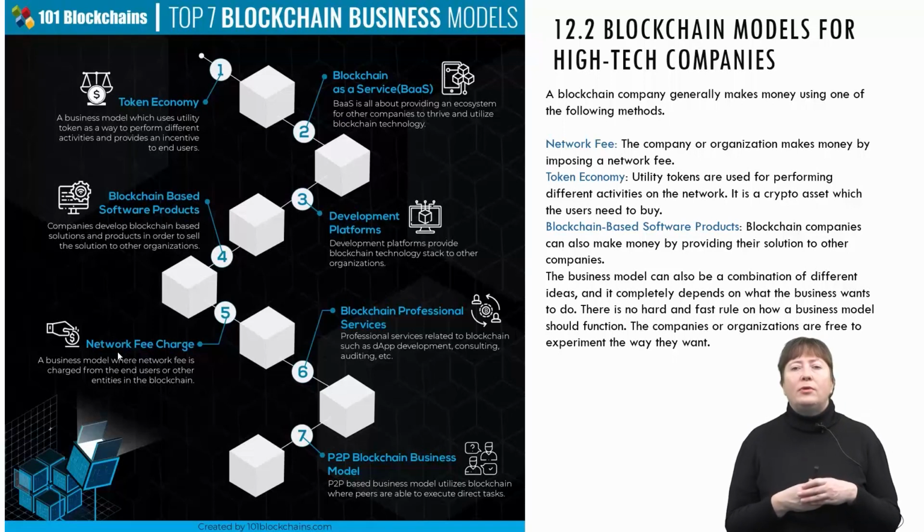It has become very popular among high-tech companies. Token economy: utility tokens are used for performing different activities on the network. In most cases, companies focus on the crypto asset which the users need to buy. And blockchain-based software products: blockchain companies make money by providing their solution to other companies, as I mentioned earlier.